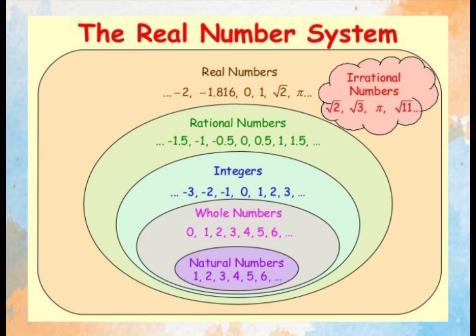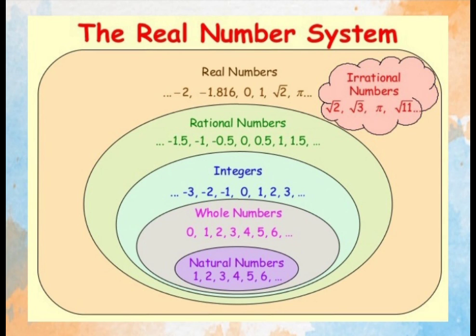The use of three dots at the end of the list is a common mathematical notation to indicate that the list keeps going forever. Whole numbers: natural numbers together with 0: 0, 1, 2, 3, 4, 5 to positive infinity.